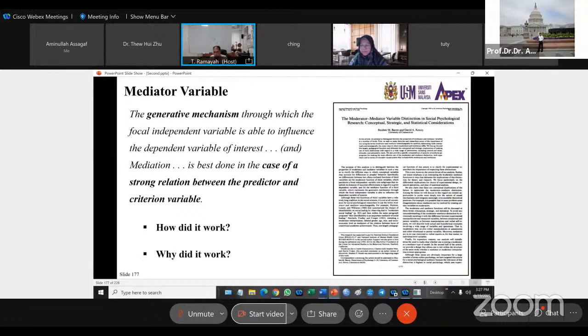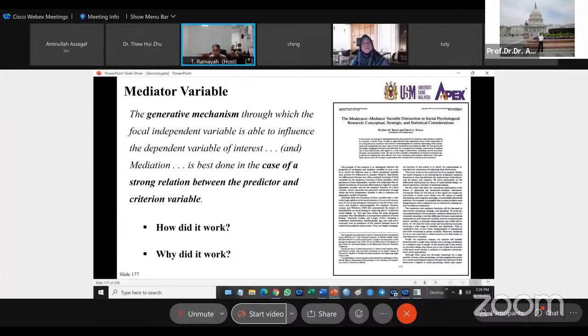So for those who are planning to develop a mediation model, first you must have literature linking your independent to the dependent. And this linkage must be strong or consistent, independent and dependent. Then only you argue that in the relationship between independent and dependent, there is something happening in between, which is called the mechanism that links your independent variable to the dependent variable.